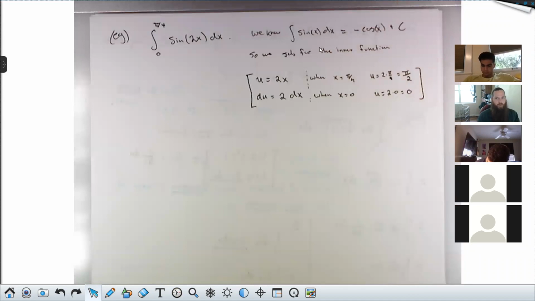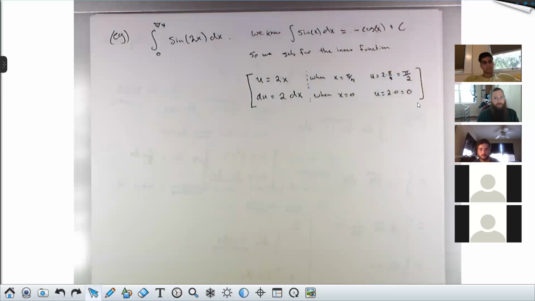So the integral we're doing here is a definite integral. It has bounds, which means the answer is a number, not some function plus c, just a number. When you do your substitution, in order for the new integral to be equal to that old integral, that new integral also has to be a definite integral, right? If you write equals and then you write some indefinite integral where you've done this substitution without changing the bounds, you've told a lie.